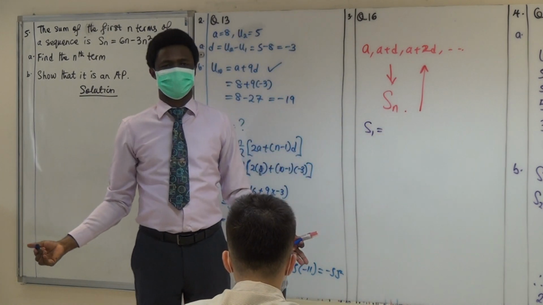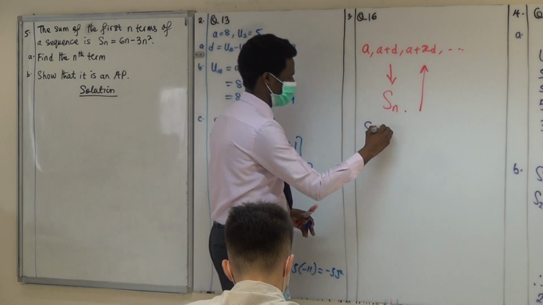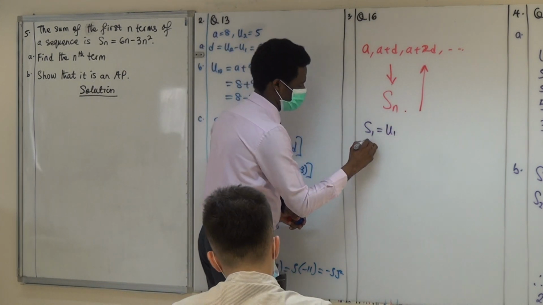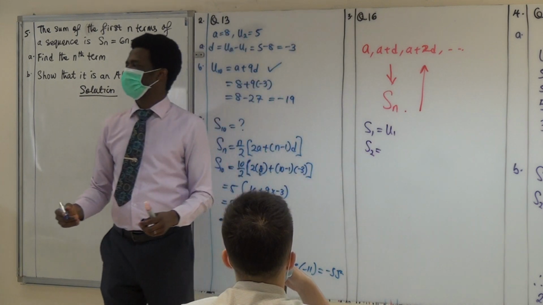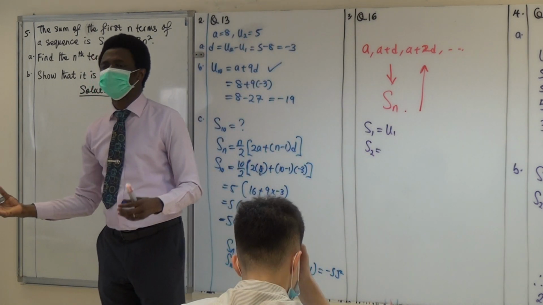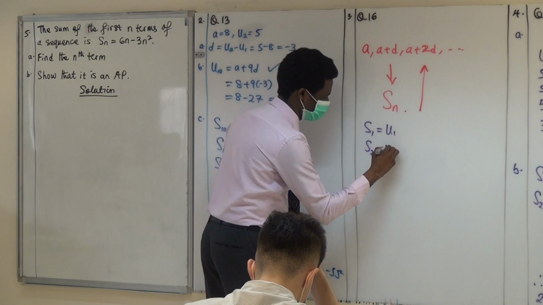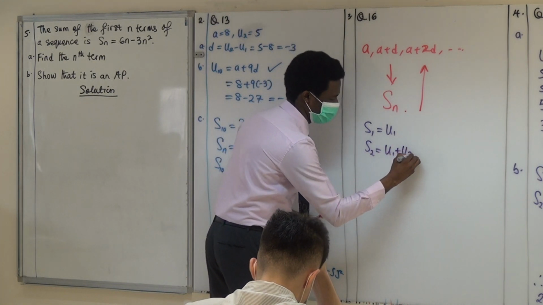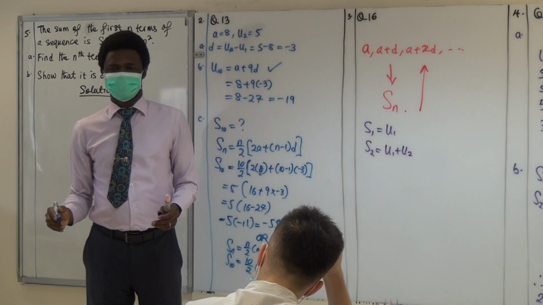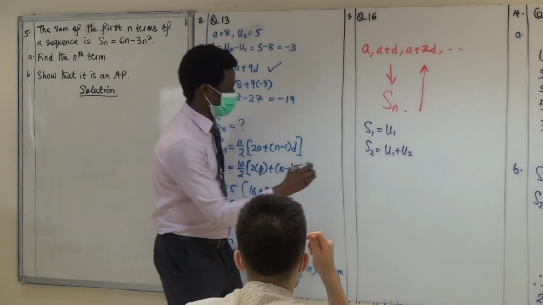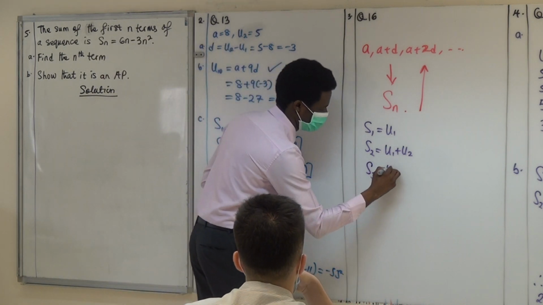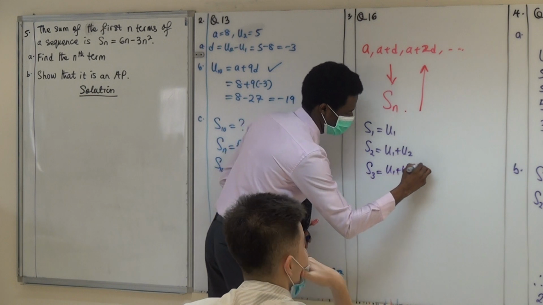So basically, it's just the first one. So that's U1. S2 means the sum from the first to the second. So that's U1 plus U2. S3, similarly, will be U1, U2, U3.